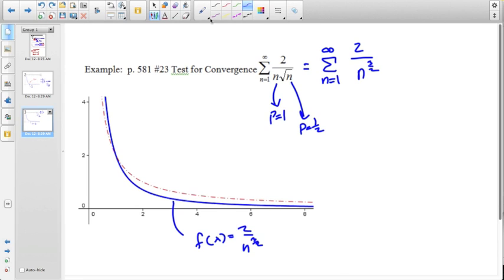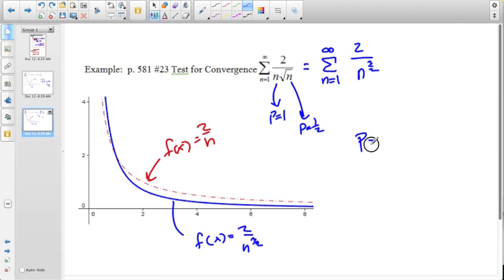As a comparison, I also sketched in 2 over n, because that is our dividing line, our transition curve from diverging to converging. So we can see that this curve, which represents the series 2 over n times the square root of n, is more severe.